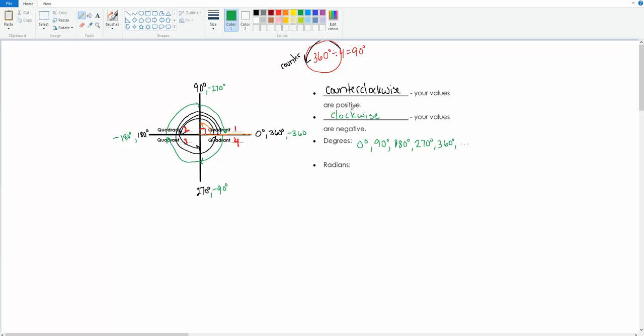In radians, it would be 0, pi over 2, pi, 3/2 pi, 2 pi, and so on, because you can continue going around the circle. Where did I come up with these numbers? If you think of a circle as having a circumference, that circumference is 2 pi r. If the radius happens to be 1, then the circumference is 2 pi. So there are 2 pi around this full circle, right?